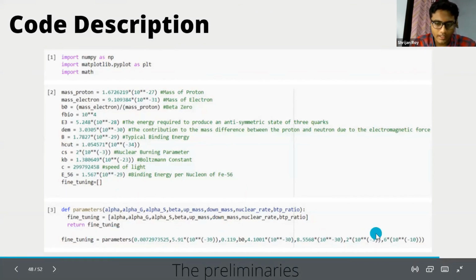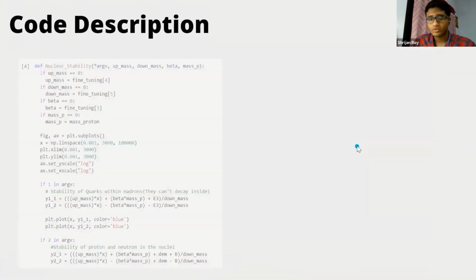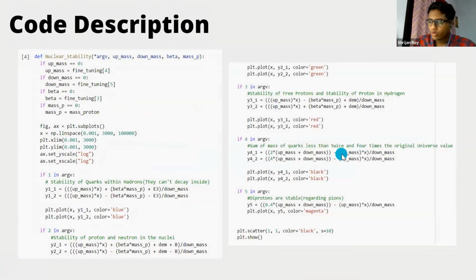We provided all the values of our universe to those parameters, and we'll see later how we change them. So this is the code of one of the sections.